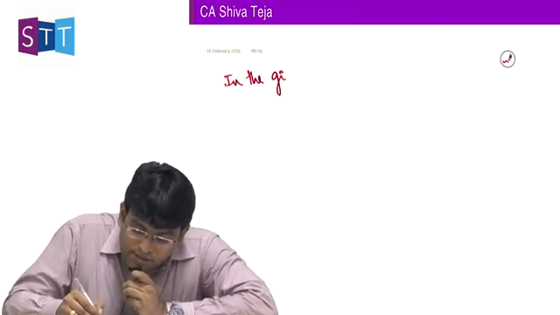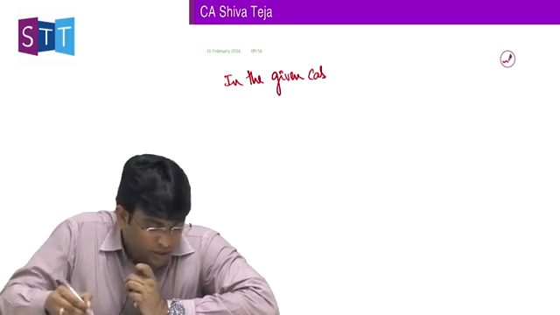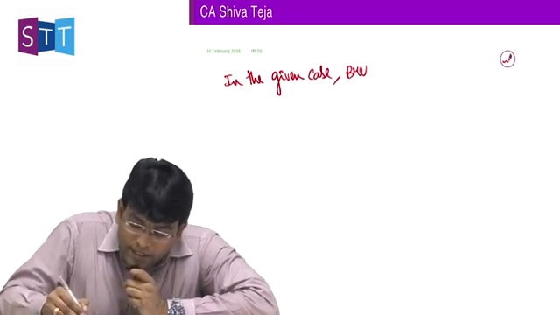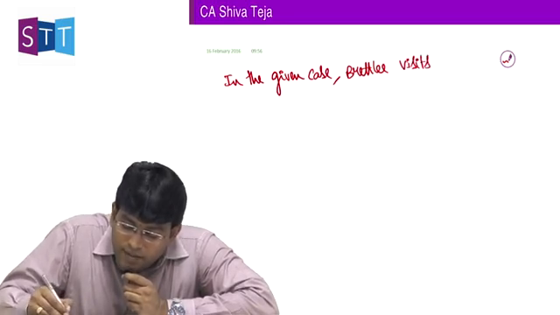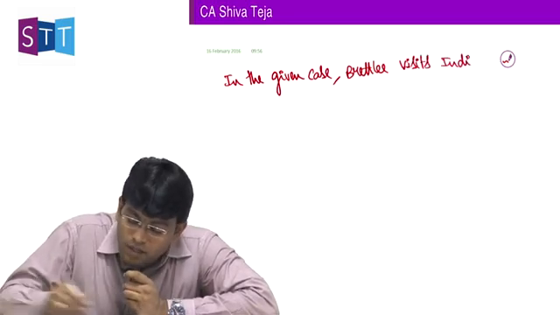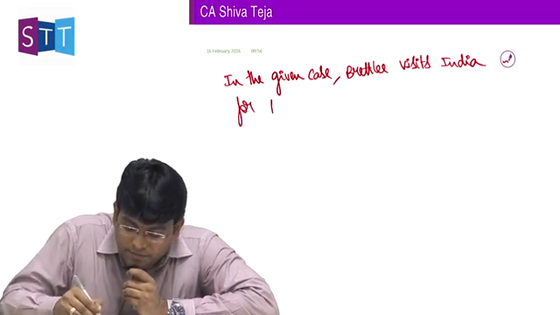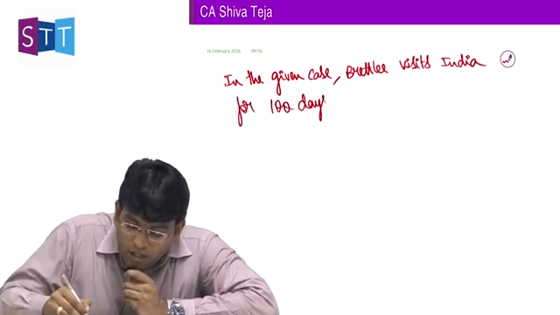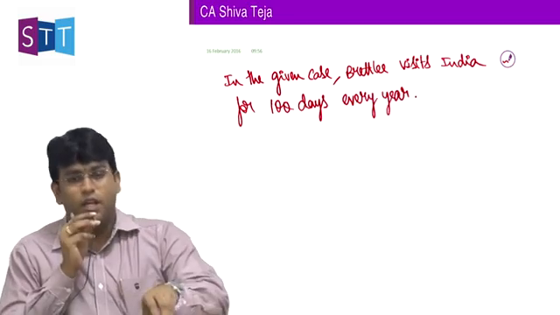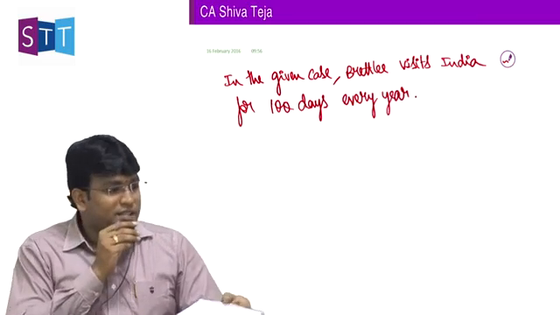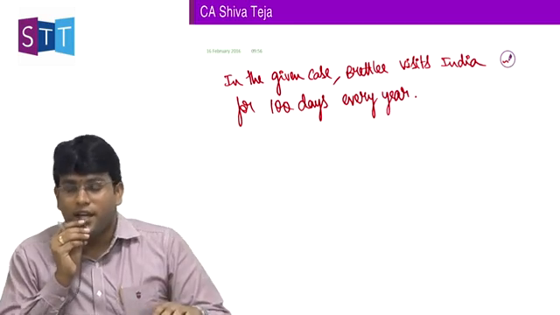In the given case, Brett Lee visits India for how many days? 100 days every year. In the given case, Brett Lee visits India for 100 days every year.